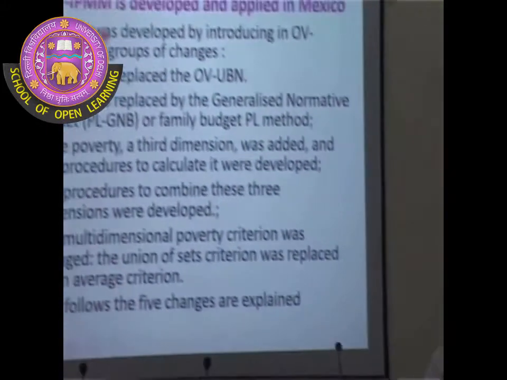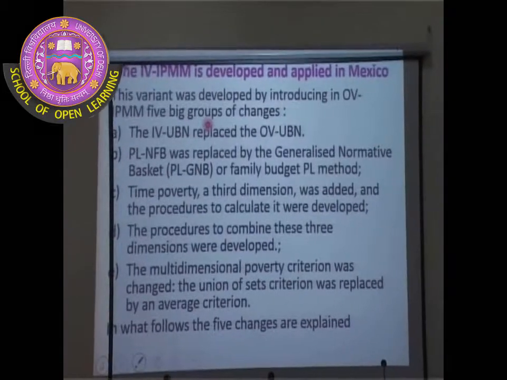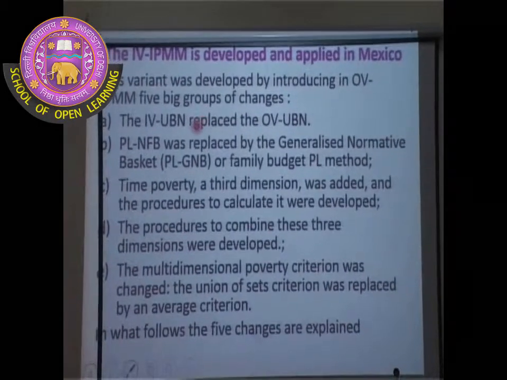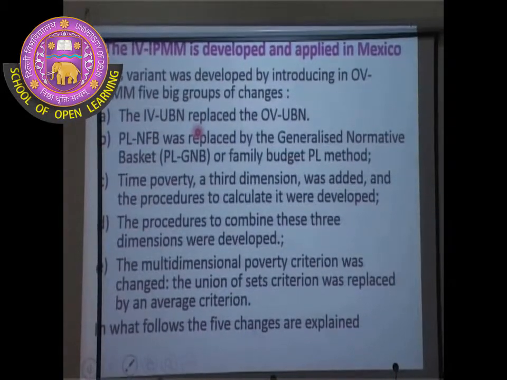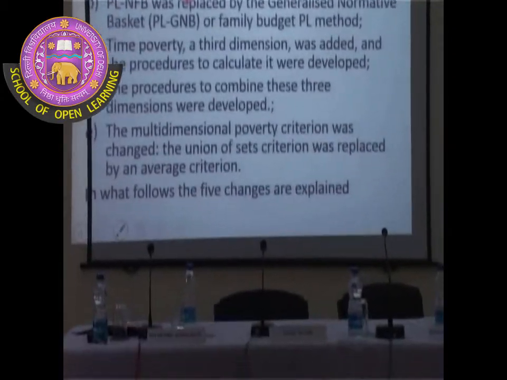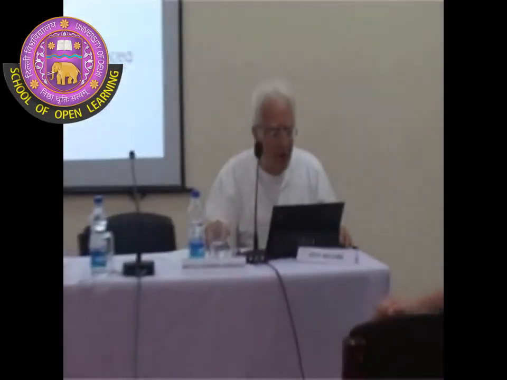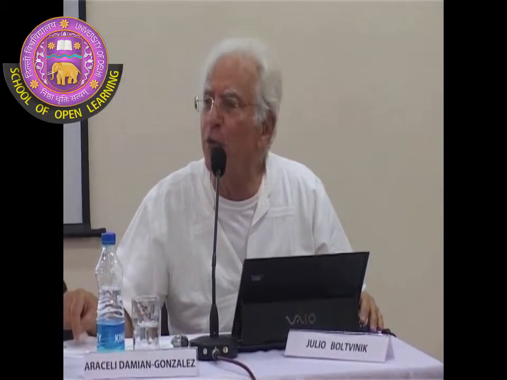What does this variant do? This variant was developed by introducing to the original variant of IPM five big groups of changes. One, the IB-UBN replaced the original variant of UBN. We have a new version of UBN.